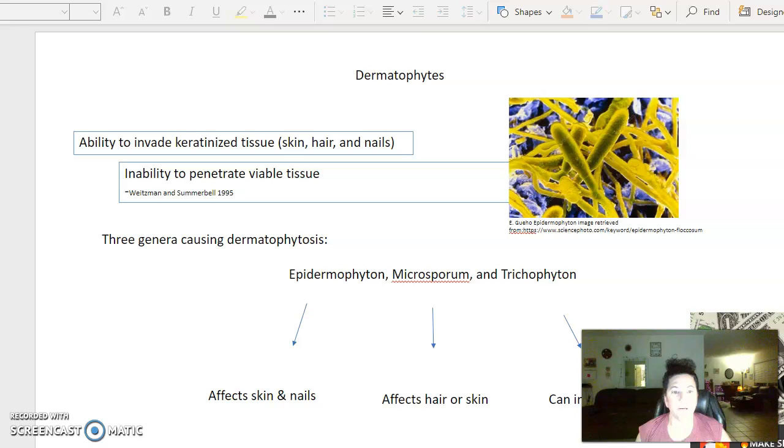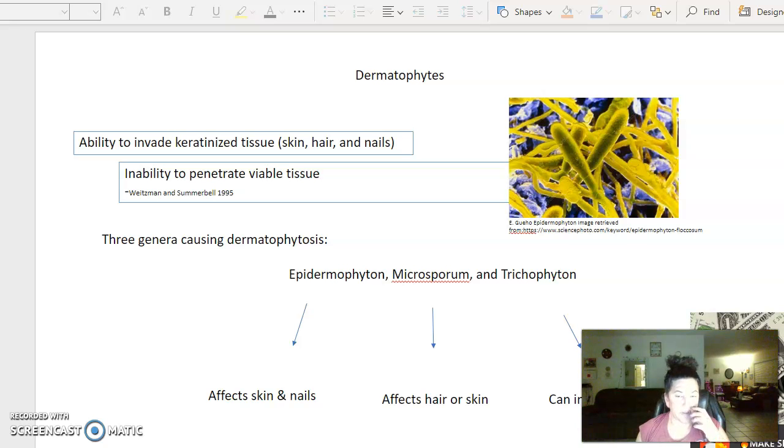We have three genera causing dermatophytosis. This is where the conditions start to formulate from these three different types of fungi: the epidermophyton, the microsporum, and the trichophyton.